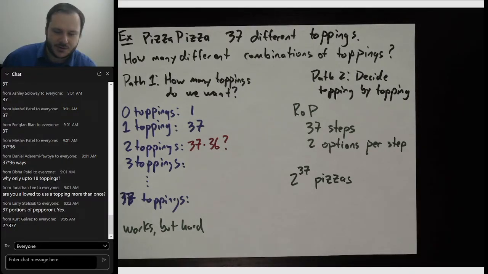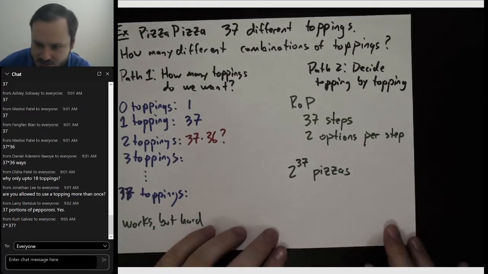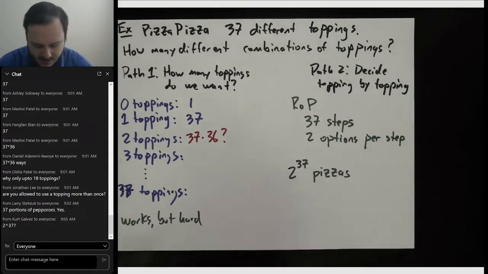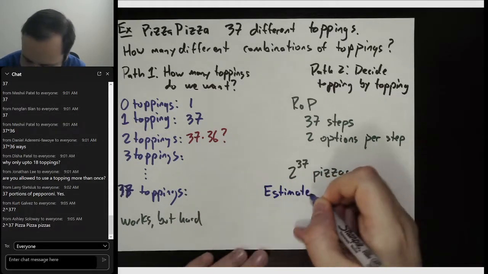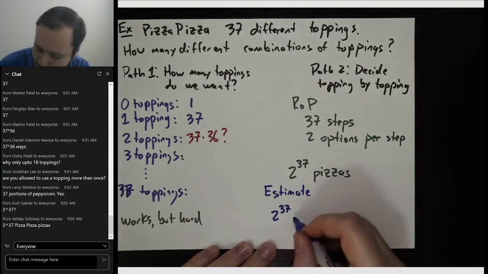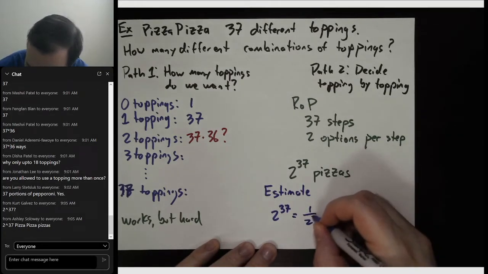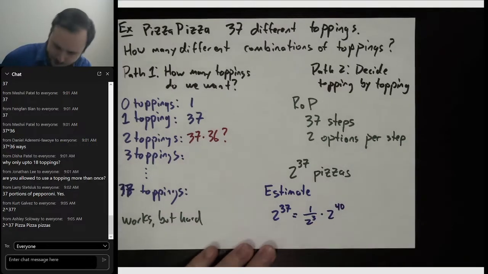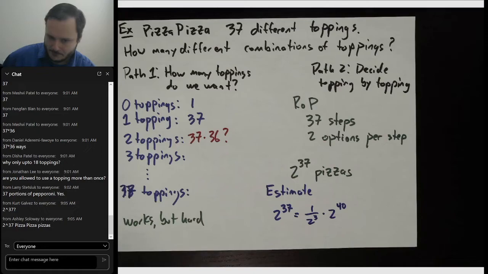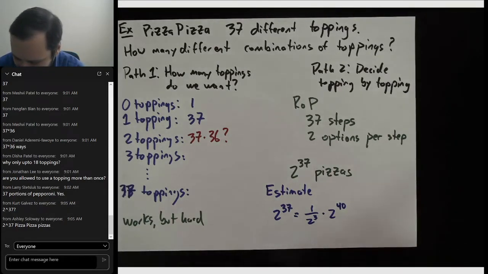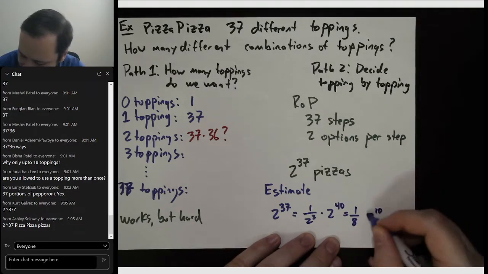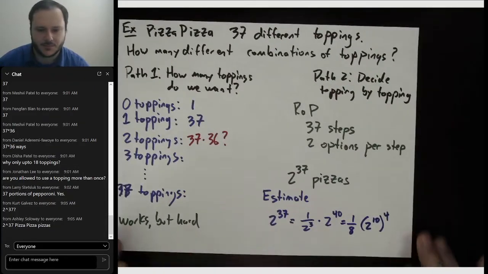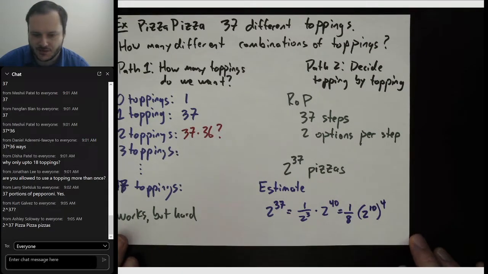Here's a tip for the computer scientists among you, though. We can estimate this by saying two to the 37 is equal to 1 over 2 cubed times 2 to the 40. Right, just canceling out 3 powers of 2. This is 1/8 of 2 to the 10 to the 4. So far, everything's equal.